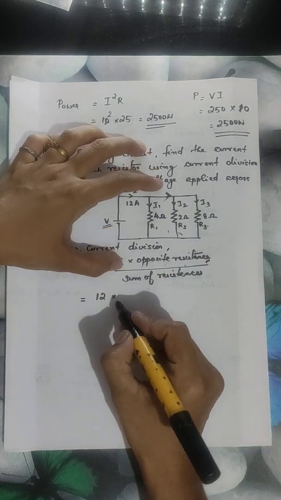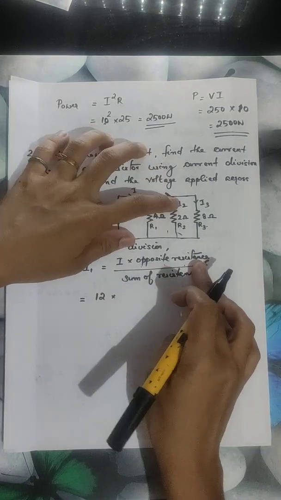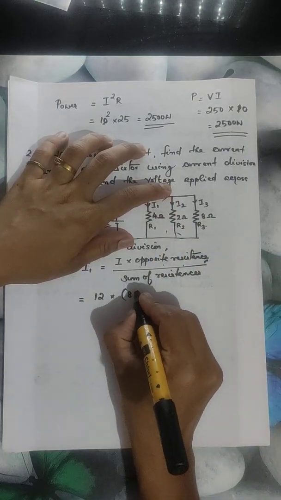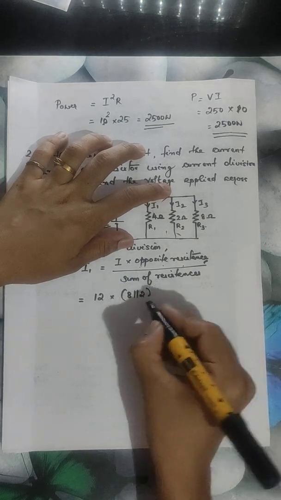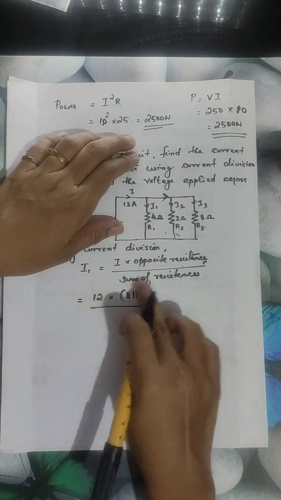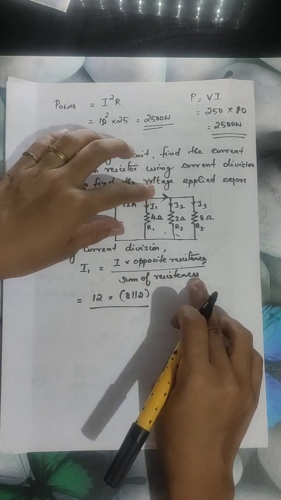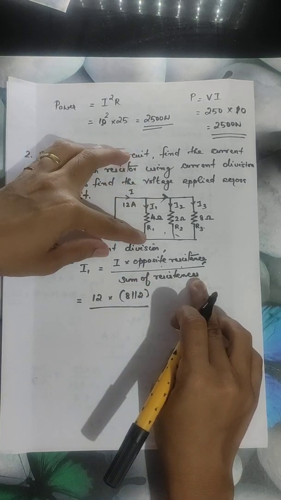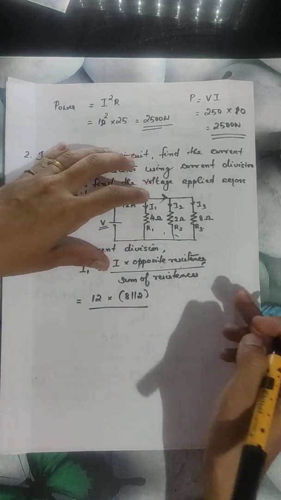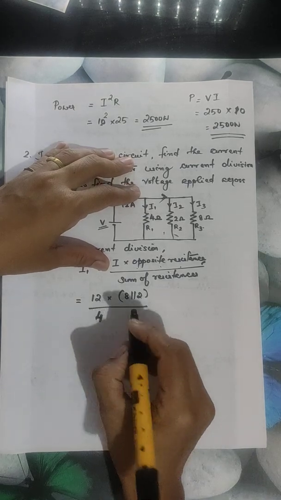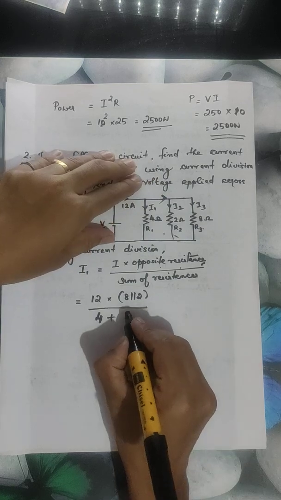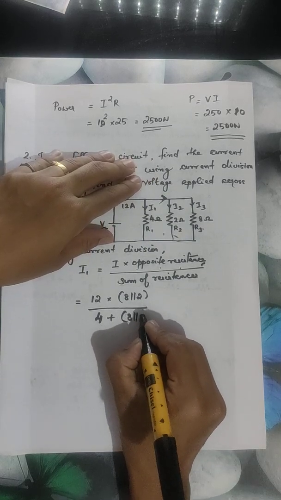So total current I into opposite resistance means equivalent of 8 parallel to 2 ohm divided by sum of resistances. That means the resistance of the branch that we are considering plus other branch resistance. So here it is 4 ohm plus other branch resistance, 2 parallel to 8 or 8 parallel to 2.